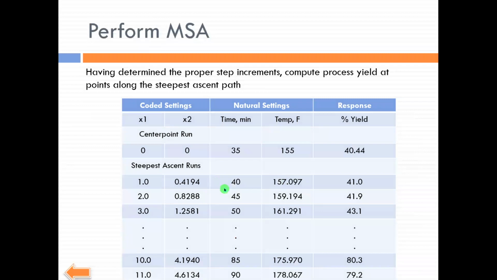Dito, kunwari lang nag-steepest ascent runs kayo, tapos ang ginawa is, natural setting is 40 time, 157 degrees Fahrenheit, tapos ito yung nakuhang yield. So tumaas ang value, meaning valid pa yung model, nagmo-move up pa tayo. So we do the experiment again this time. Ang ginamit naman natin is plus 5 tayo sa time, tapos plus a certain value tayo doon sa temperature, which is in terms of increments, it's 0.4194, no?